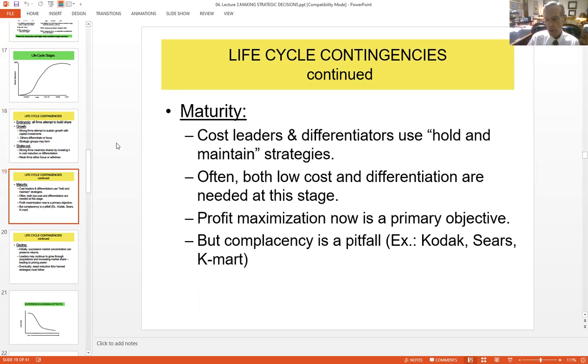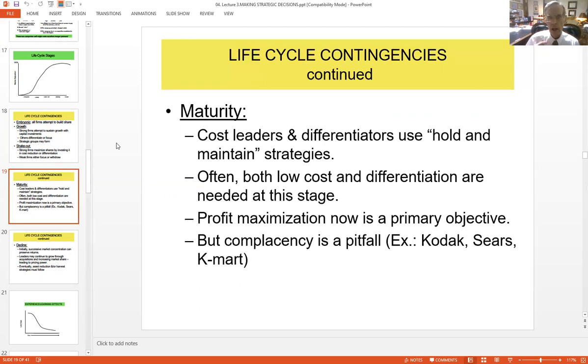And finally, in mature, we're left with, at the growth stage, we've got a lot more companies. In the shakeout, several companies get weeded out, and in the mature stage, we've got fewer companies again. And their intent is to hold their positions, whether it's as an industry leader or a specialist in a market niche.